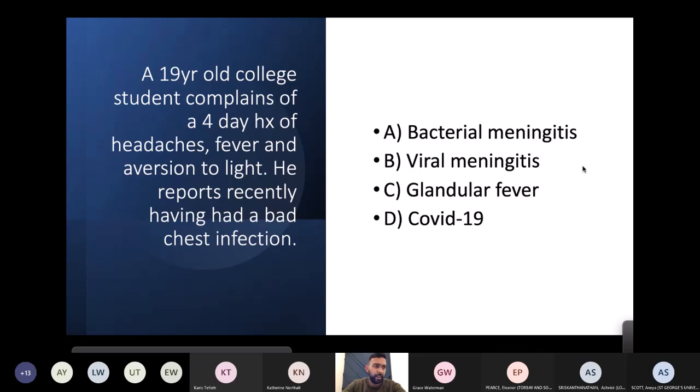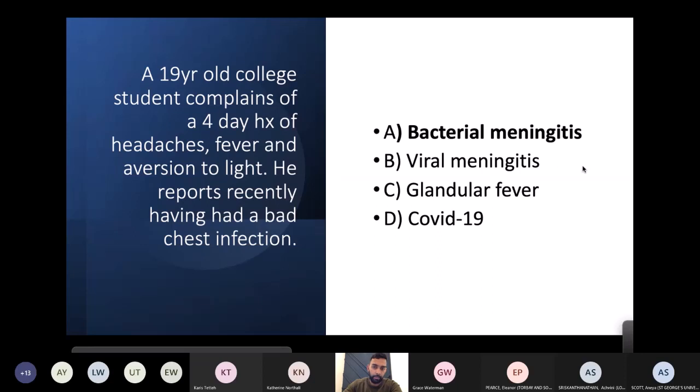I think it's YZ as a vaccination. But the thing I want to draw here is recently had a bad chest infection, and I think you may recall that we said up to about 10% of adults will carry streptococcus pneumonia asymptomatically in the nasal passages and some of the respiratory tract.